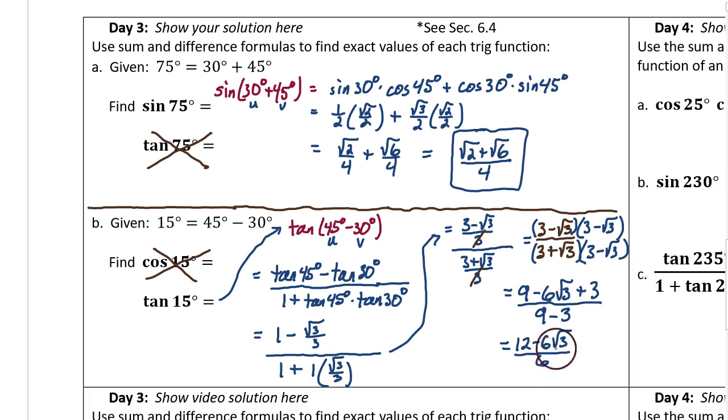That's all over 6. Final step. 12 over 6 reduces to 2, and the 6 over 6 cancels out, leaving minus square root of 3. So here is the simplified answer, and this is an exact answer for the tangent of 15 degrees. It doesn't use a decimal that we've rounded off.